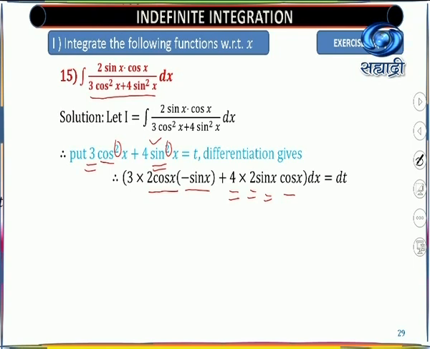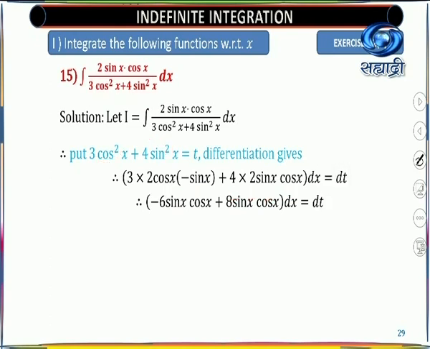Now simplify: 3 2s are 6 with negative sign, so minus 6 sin x cos x plus 4 2s are 8 sin x cos x dx equal to dt. Now plus 8 minus 6 is 2 sin x cos x dx.